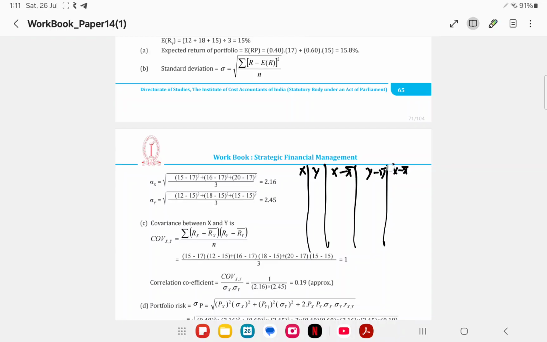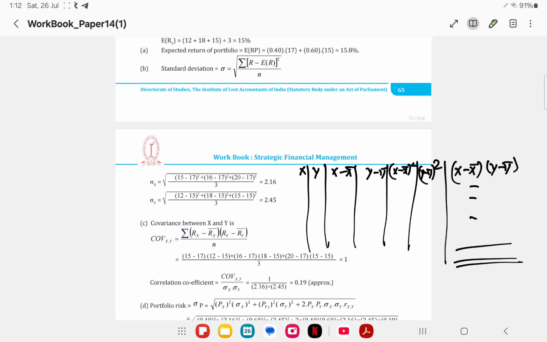Then (X minus X mean) whole square and (Y minus Y mean) whole square. Also make a column for (X minus X mean) into (Y minus Y mean).